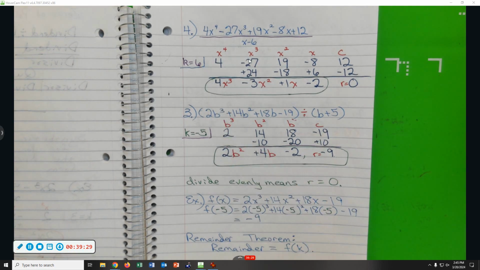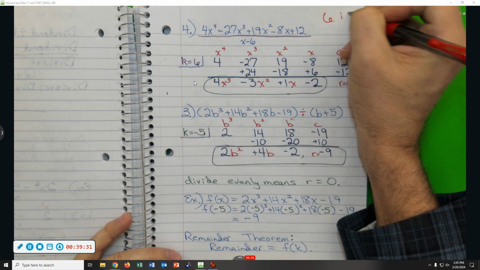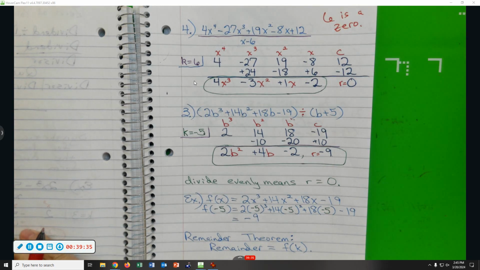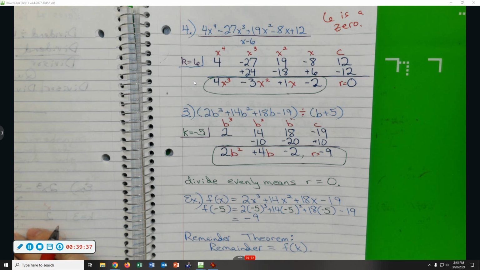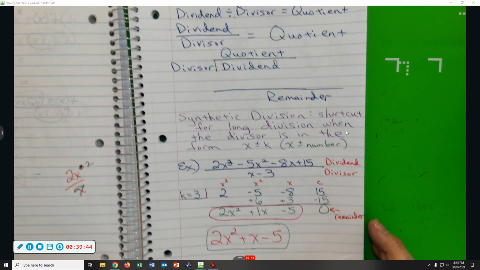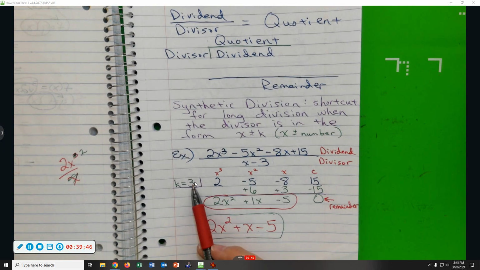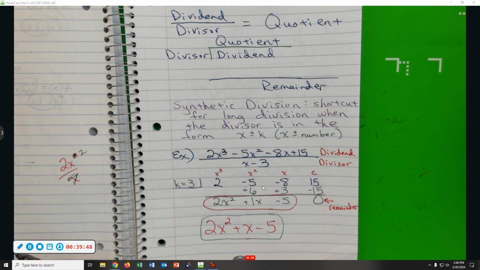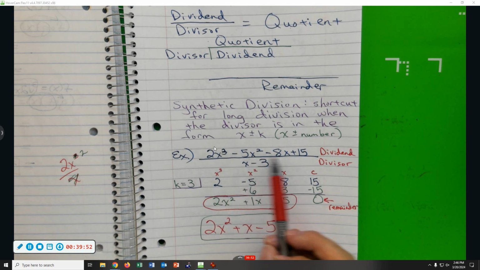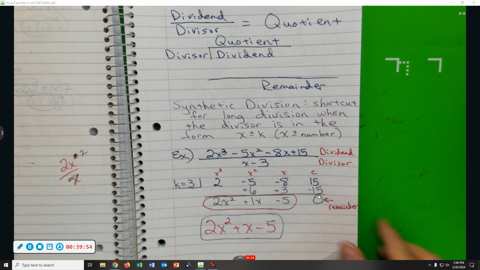So in this case, 6 is a 0. Or a root. Hey, what about 3? Is 3 a 0? Yes, because the remainder is 0. If you plugged in 3, you get a value of 0.